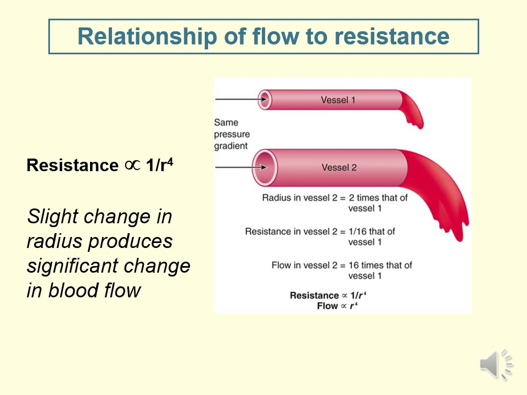So the resistance in vessel 2 is 1/16 of the resistance in vessel 1. That means that if we had the same pressure gradient, then the flow would be 16 times higher in vessel 2 than vessel 1. So this is really just showing you how the resistance affects flow within a blood vessel for the same pressure gradient.